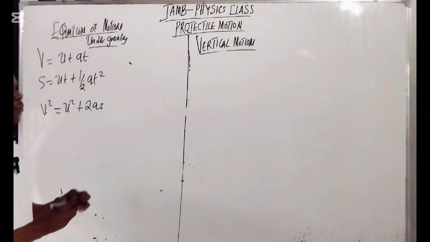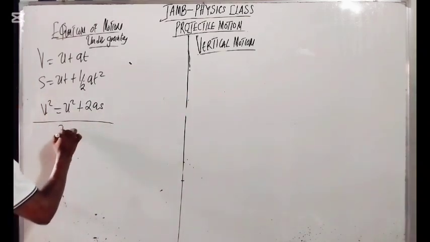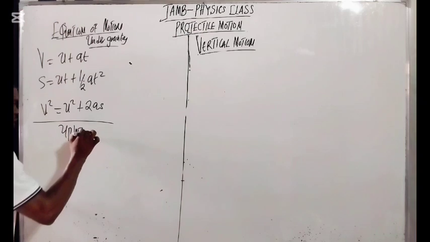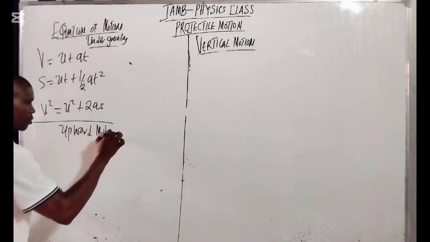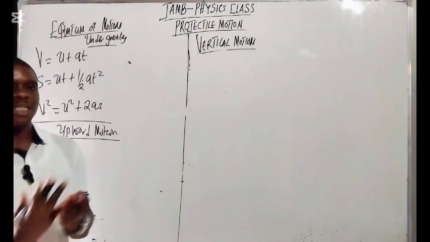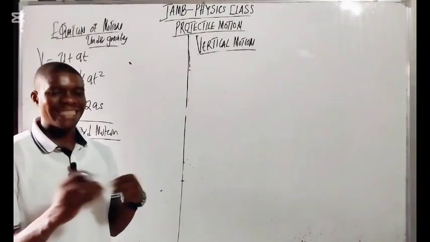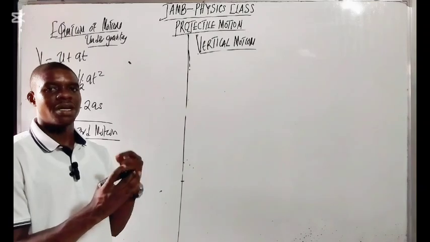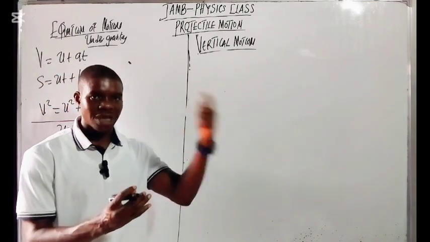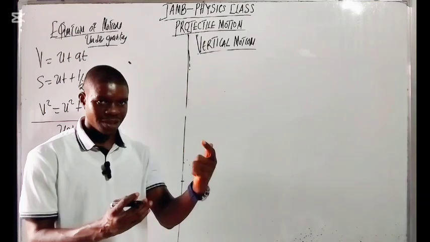So now remember we have the upward motion. In the upward motion, the object is moving upward, and whenever the object is moving upward, it acts against the acceleration due to gravity, which is g.